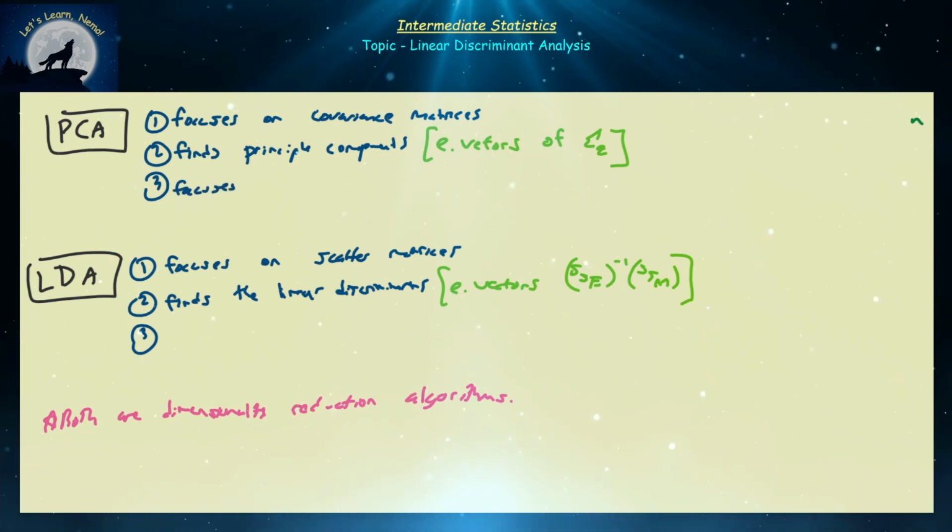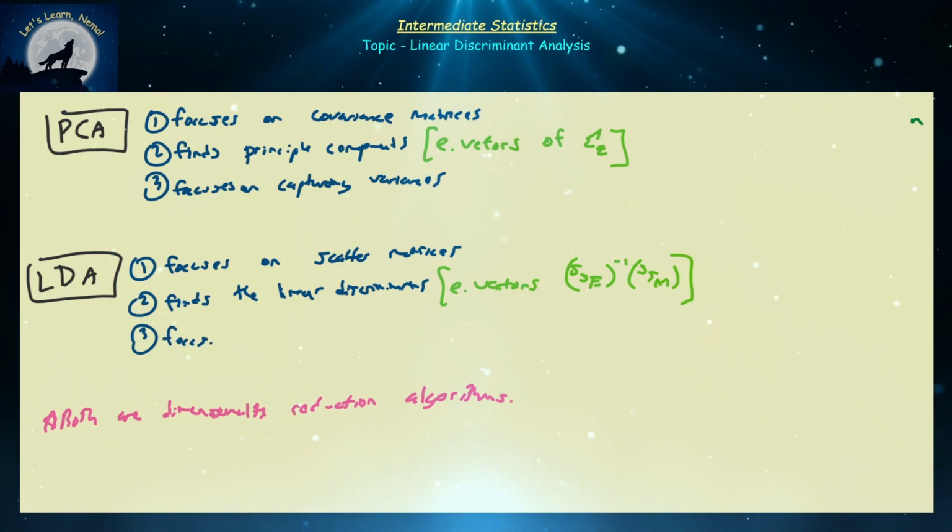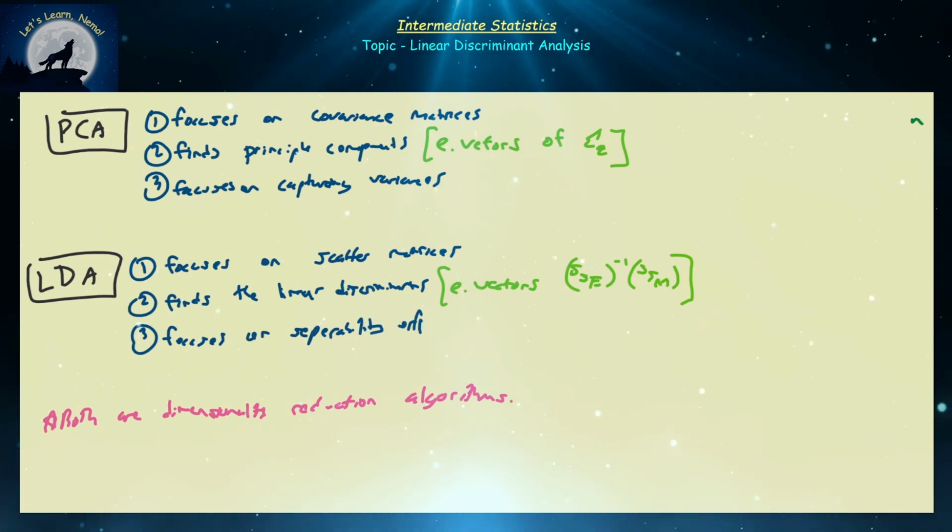For PCA, the focus is capturing variances. We try to keep as much variation in our data set as possible, even when we remove data points. But LDA focuses more on the separability of classes.